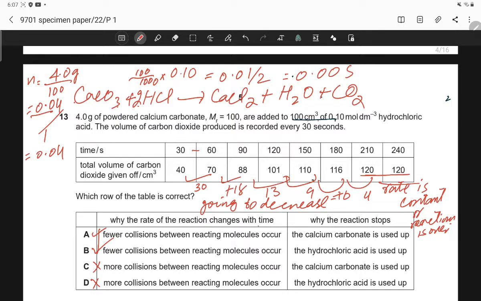So this is the limiting reactant, and calcium carbonate is the excess reactant.